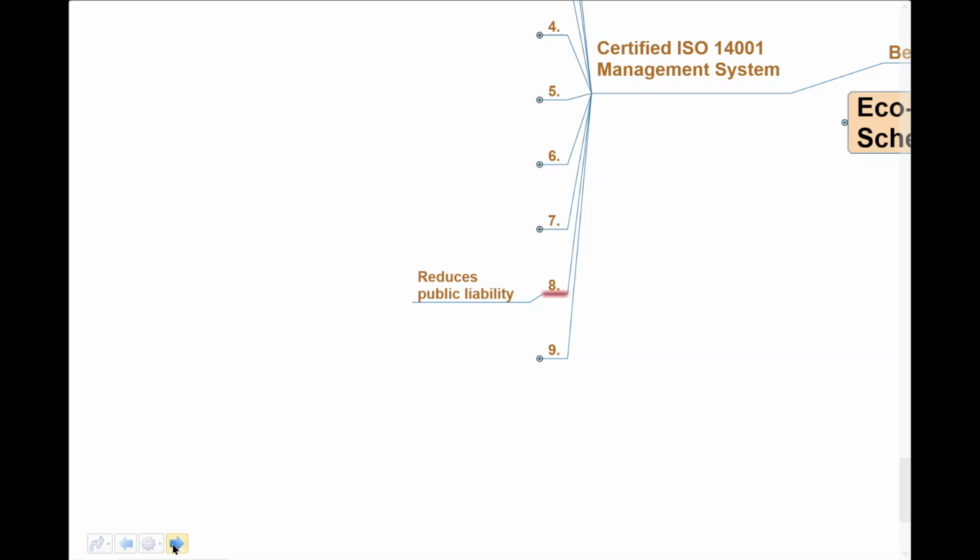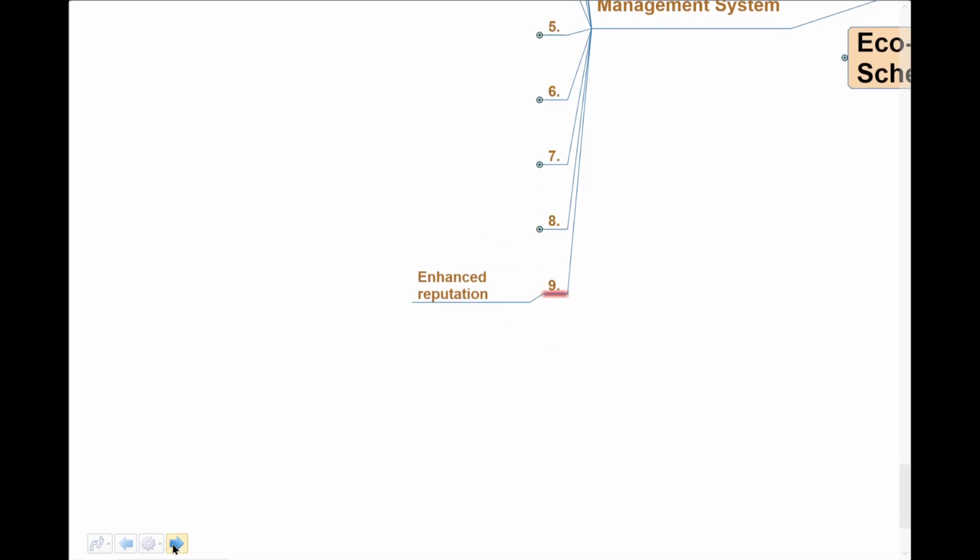You will find that insurers will reduce premiums if a business is seen to be using these standards. So that's a drop in costs. And in terms of enhanced reputation, again linked with credibility and competitive edge, this is the type of thing that would be promoted by the company to enhance their reputation, as opposed to competitors who are not using these standards.